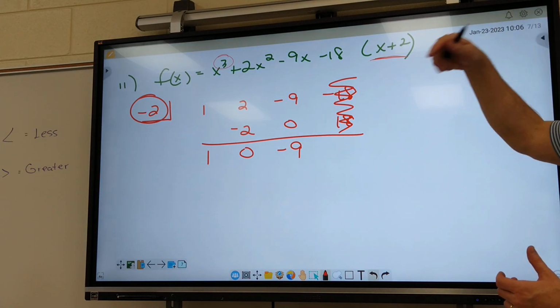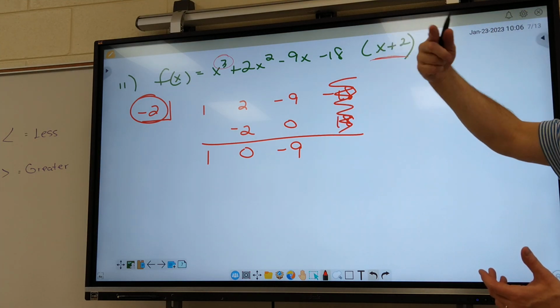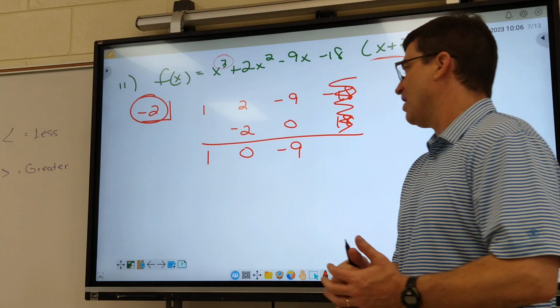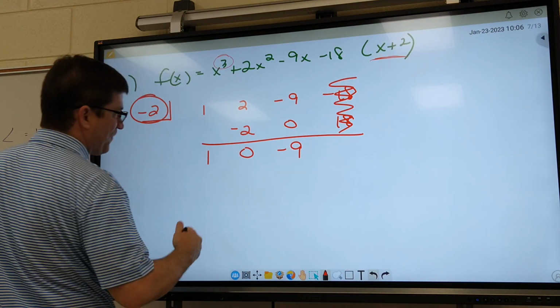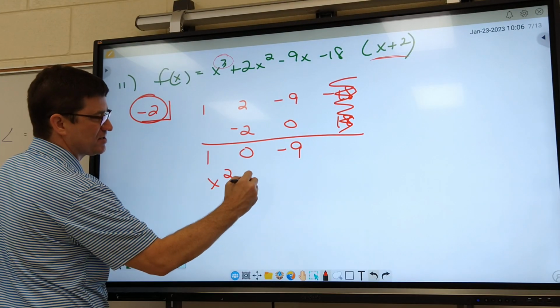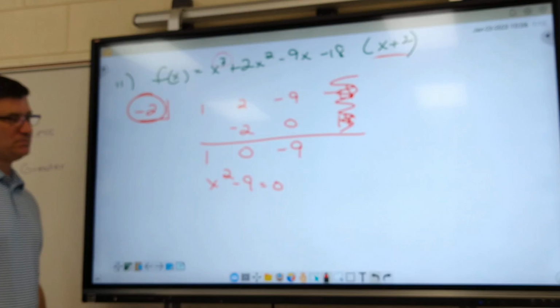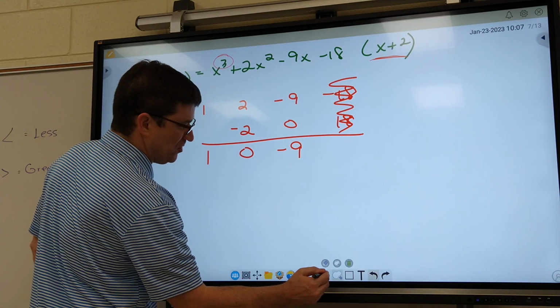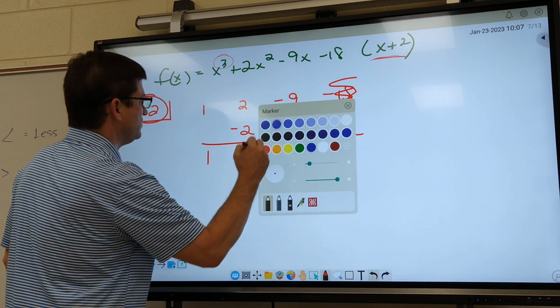Now you guys can factor those 3, or you can do quadratic formula. Most of you guys are just good at doing quadratic formula every time. If you want to factor it, then that's 1x squared minus 9 equals 0. But I'm going to just do quadratic formula because that's how most of you are going to do this problem.